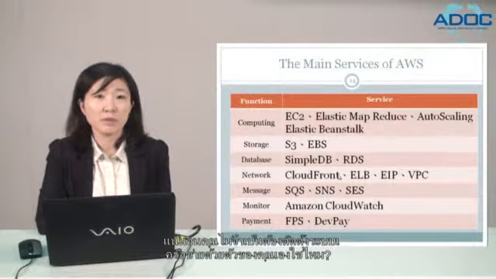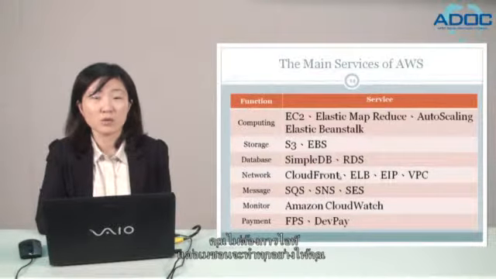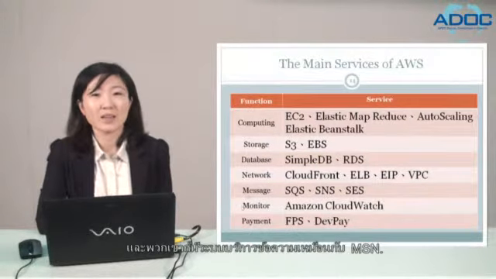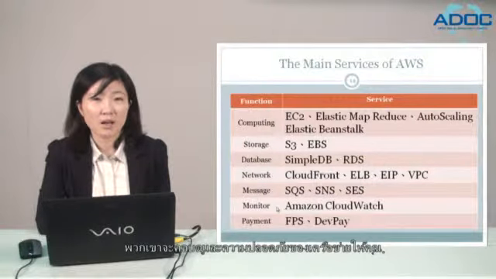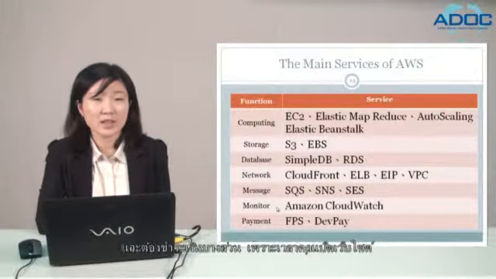So you don't need to set up the network by yourself, right? You don't need IT. Amazon does everything for you. And they have a message system, and monitoring for your network security, and some payment services.